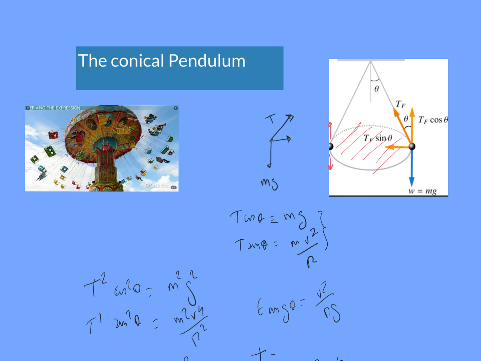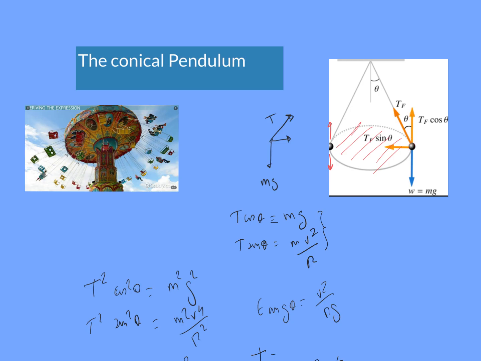So if we apply Newton's law to this problem, we can get some conclusions. This is the tension T. This is T cosine of theta. This is the angle theta. This is the same angle theta.